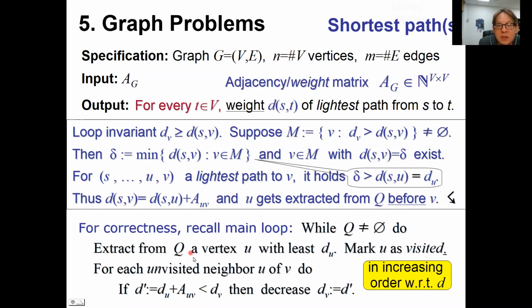And once the vertex has been extracted, by the construction of the algorithm its distance in the array will have been calculated and fixed and will not be changed anymore. That's another important property of the algorithm, right? So each vertex gets extracted from the queue precisely once, so the loop gets executed precisely once for each vertex.